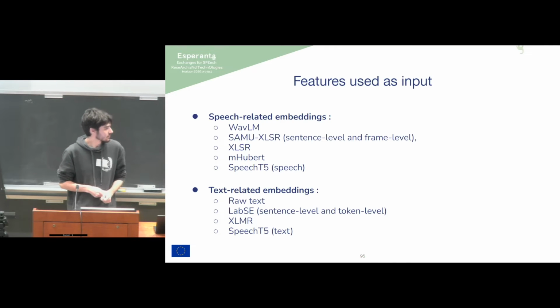And for the text-related embeddings, we tried TTS for TTS, so taking raw text as an input, but also some other embeddings such as LaBSE, which has been used to train SAMU-XLSR embeddings, XLM-R embeddings for cross-lingual text, and SpeechT5 text embeddings.